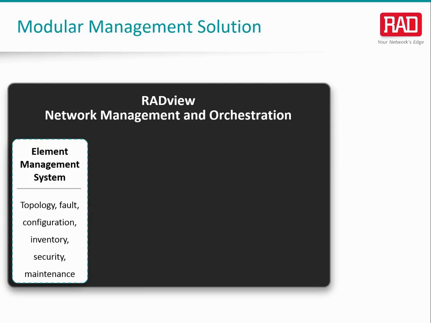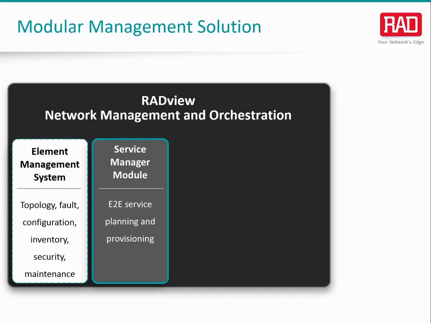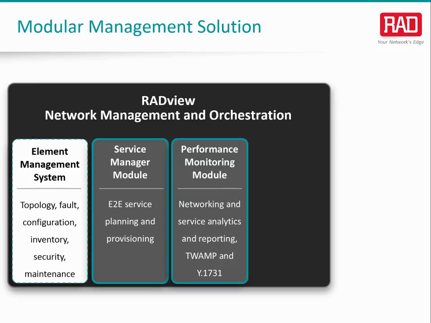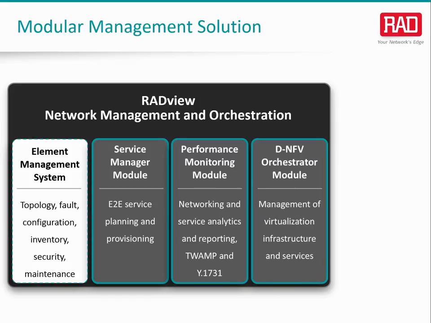As a modular management suite, RADview provides all required functionality via 4 modules: EMS, or Element Management System, to control the network at the device level, featuring full FCAP support; Service Manager, to plan and provision Ethernet services, such as E-Line, E-LAN, E-Tree, and E-Access, as well as TDM services; Performance Monitoring Portal, to test, collect, and present key performance indicators for Layer 2 and Layer 3 services, including monthly and real-time reporting; and lastly, the DNFV Orchestrator, which handles all aspects of network functions virtualization.